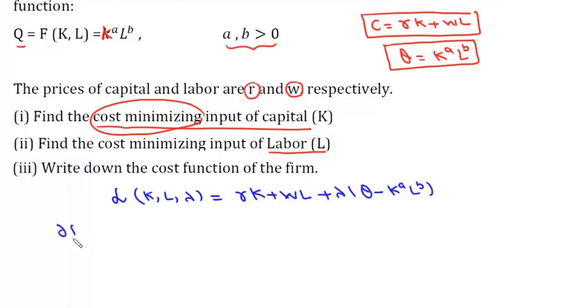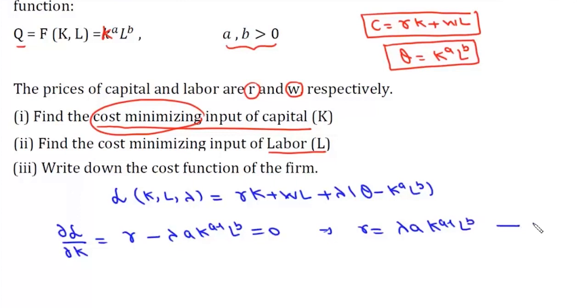So we'll find del L by del K, which will be R minus lambda a K to the power a minus 1 into L to the power b, and it will be equal to 0. From here we can write R equals lambda a K to the power a minus 1 L to the power b, and that's our first equation.